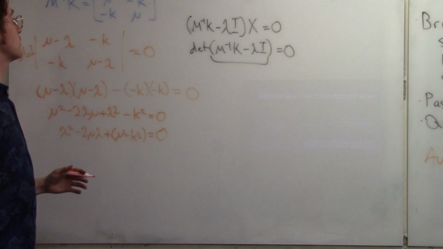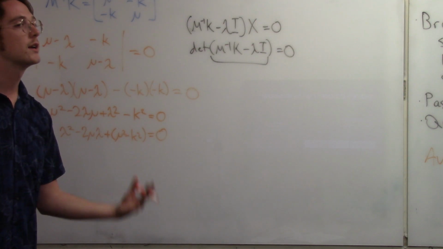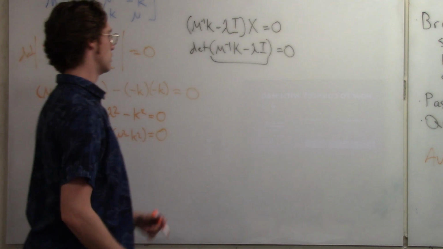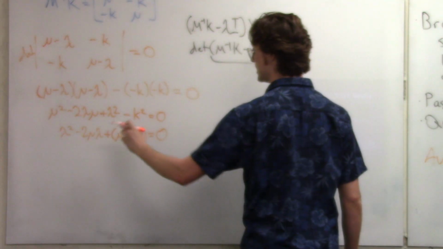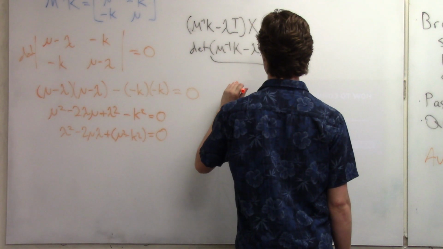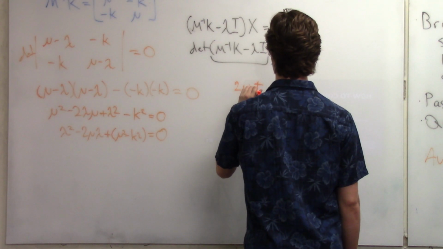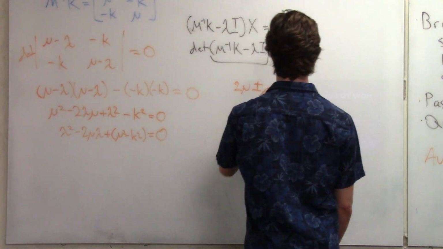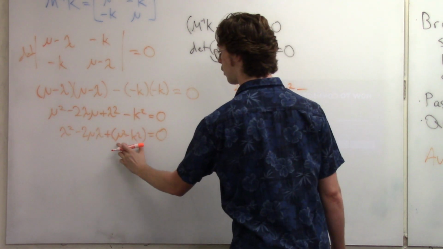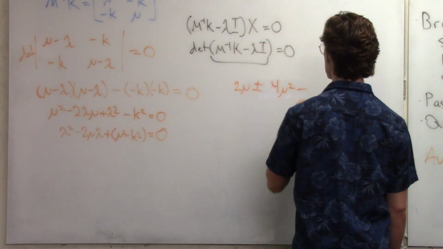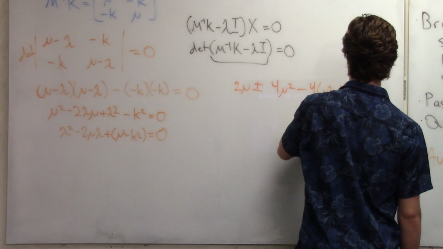Awesome. So now we've reduced this down to a single quadratic equation, and what are we going to do? We're going to take the quadratic formula. So let's sing it together. I'm just kidding. So the quadratic formula is negative b, which is going to be 2 mu, plus or minus the square root of b squared, which is going to be 4 mu squared, minus 4 times a, which is 1, and then c, so minus 4 times mu squared minus k squared.